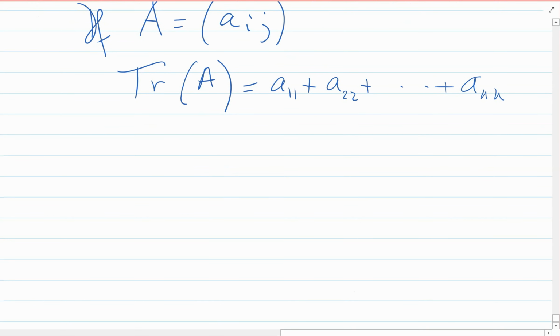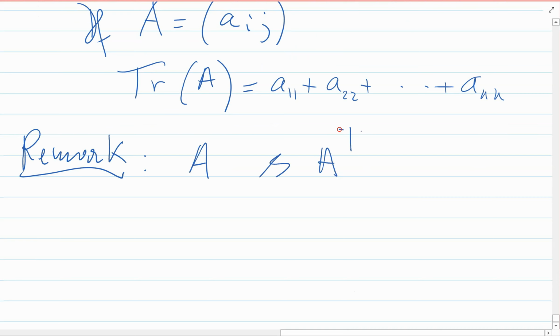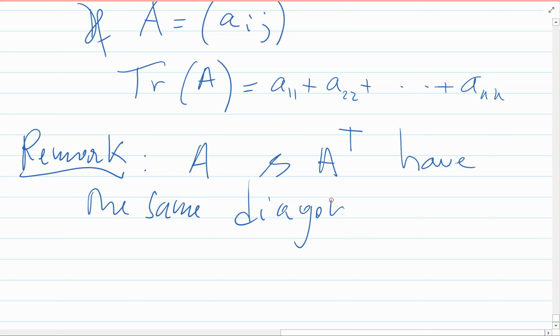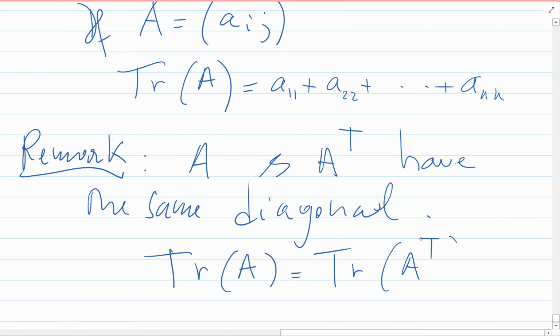And of course, as we said before, A and A transpose have the same diagonal. They don't move, and therefore they have the same trace: trace of A equals trace of A transpose.